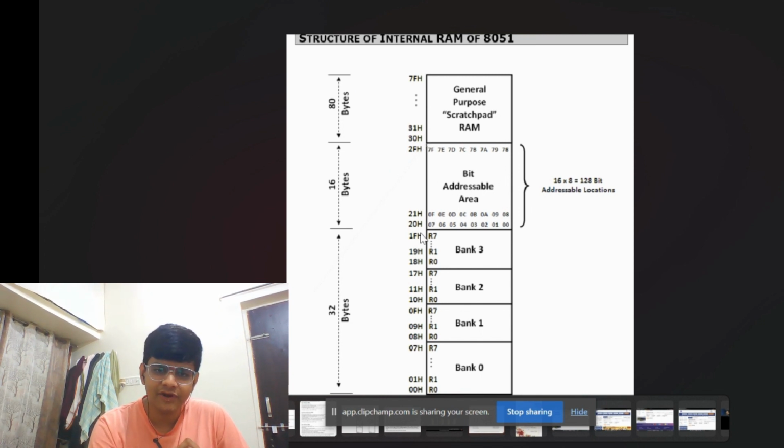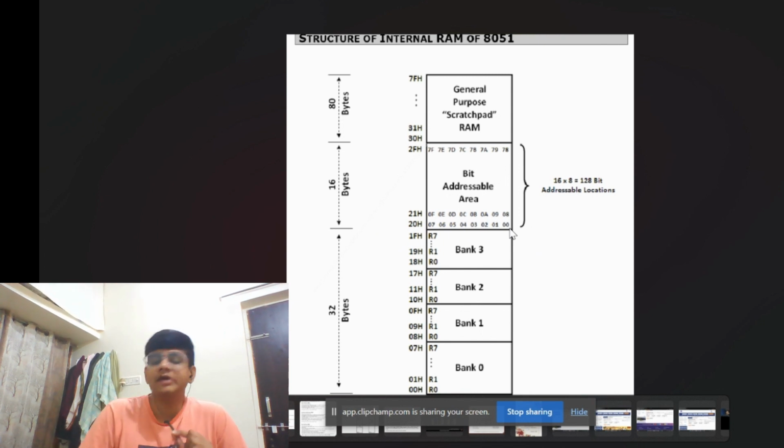Suppose 20h is not bit addressable, and I write MOV 20h, #01. What does that mean? The value stored at the 20h location is 01. After the calculation there is some form of binary formation here, that is 8421 and 8421.